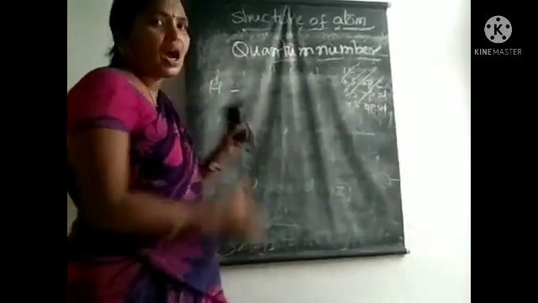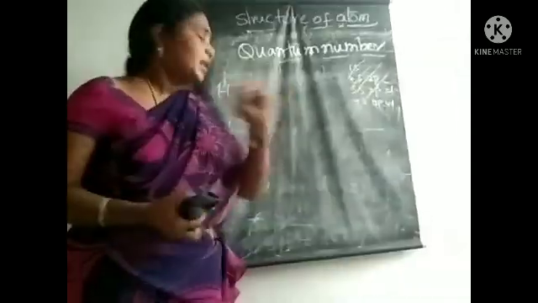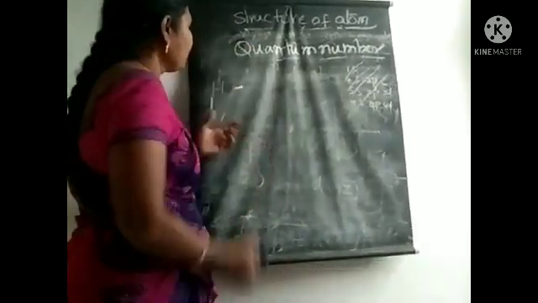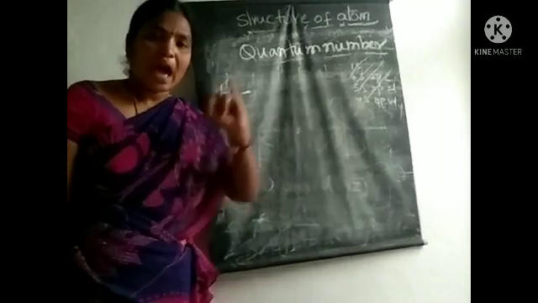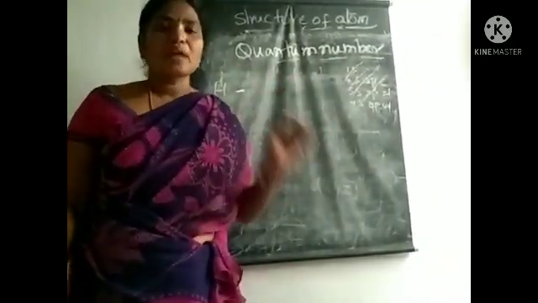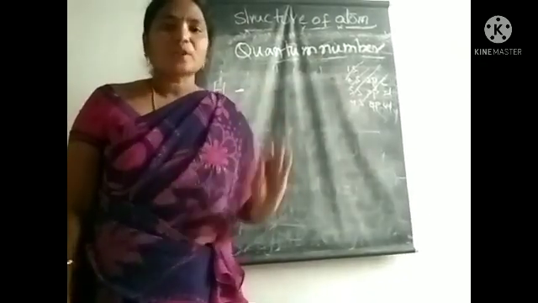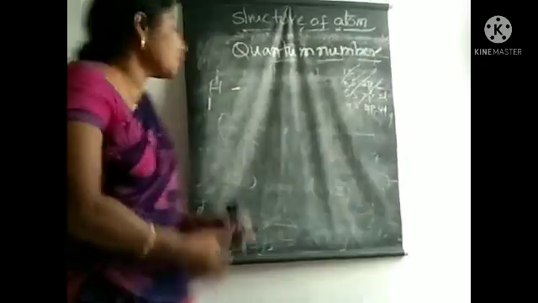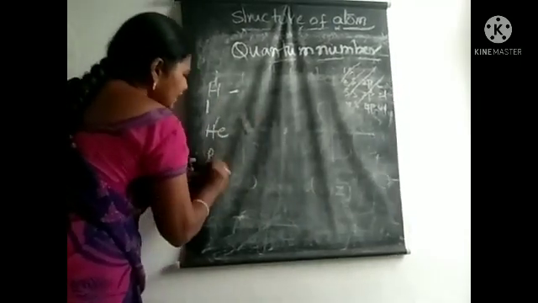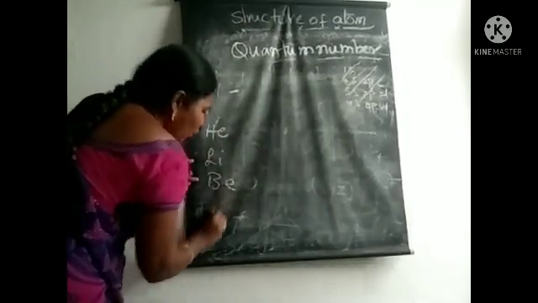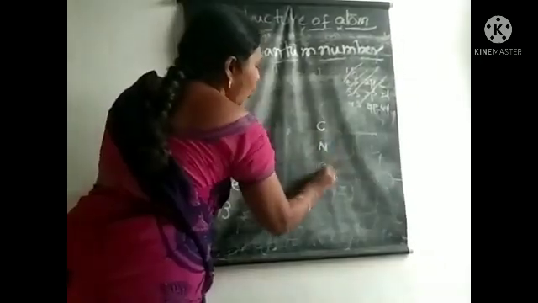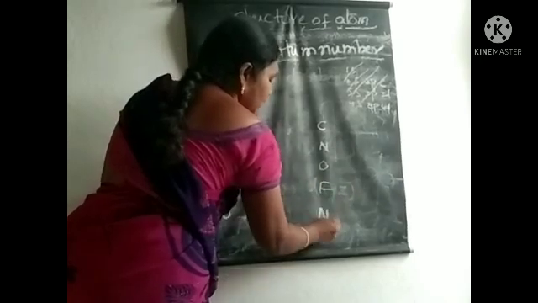First, hydrogen. Hydrogen is the first element of the modern periodic table. Second, helium, lithium, beryllium, boron, carbon, nitrogen, oxygen, fluorine, neon.